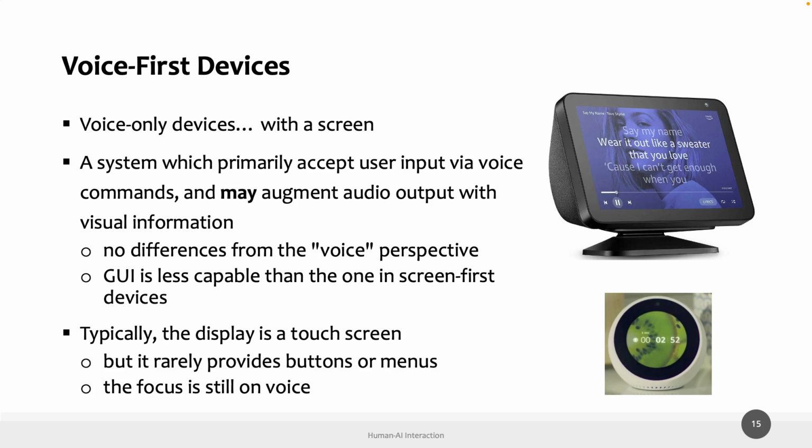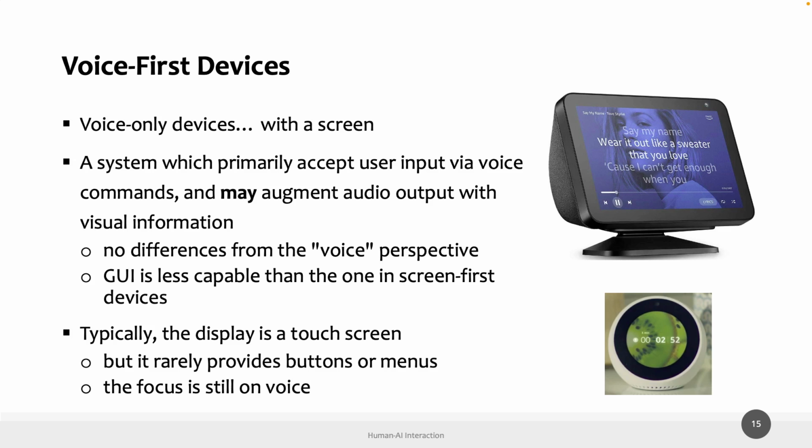And finally, we have voice-first devices that can be seen as voice-only devices with a screen. In the slide, for example, there are two examples of an Amazon Echo with a screen. They are designed to be used by voice.